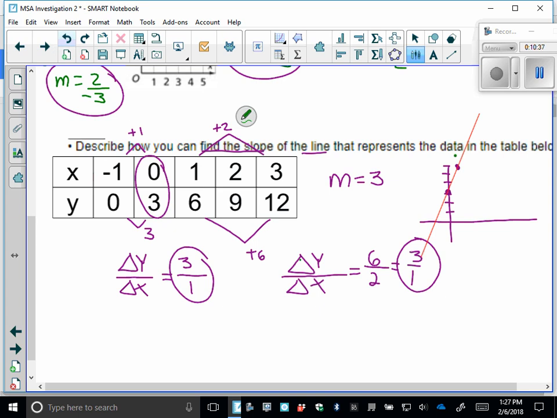I should be able to just go up 3 over 1 and see this little triangle is up 3 over 1. So I should be able to do it again, 1, 2, about 3 over 1. My line really, if I was on graph paper, would be perfectly in line with that.